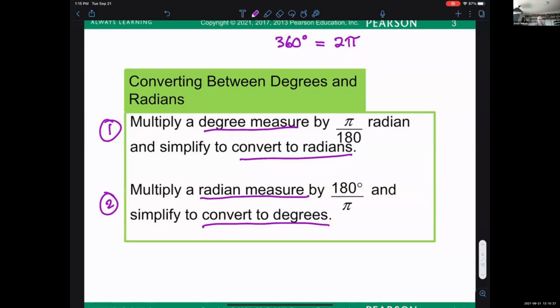So if I want to know how much 1 degree is, well, if I have 360 degrees on the left, and I want to know 1 degree measure, I can find out how many radians that is, because I would basically take the 360 degrees and divide it by 360.